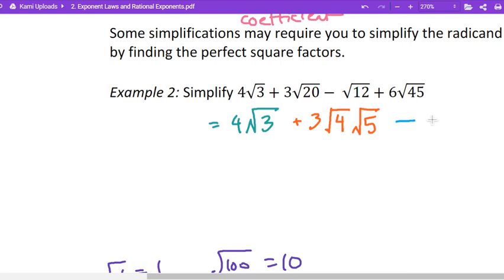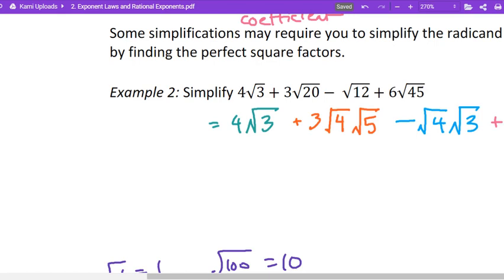Okay, how about 12? What can I break down 12 into? Yeah, 3 and, yeah. I'm going to write 4 first because it has a perfect square. And then the last one, plus 6. How about 45? Beautiful.